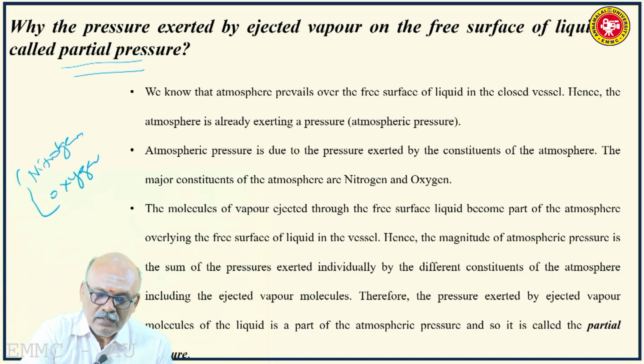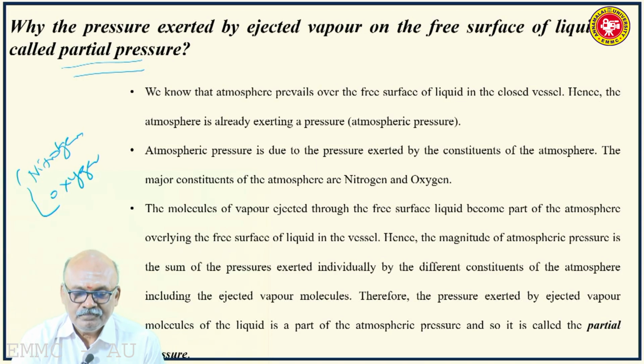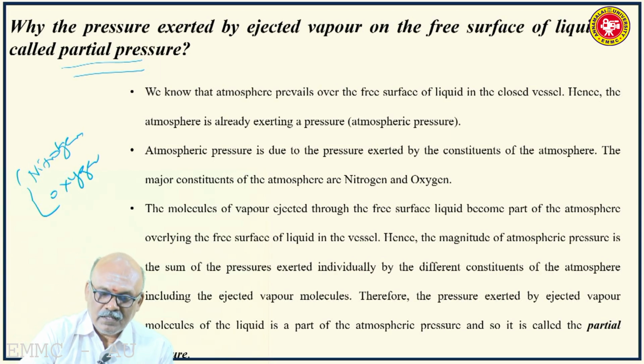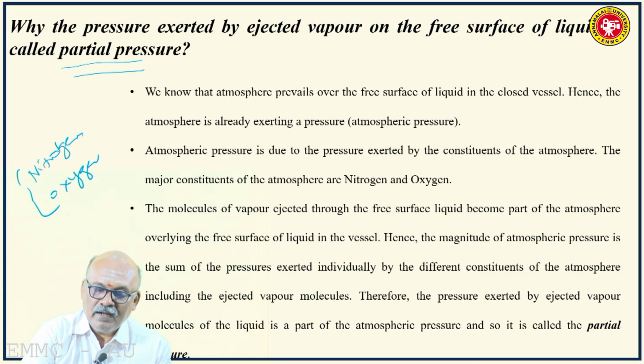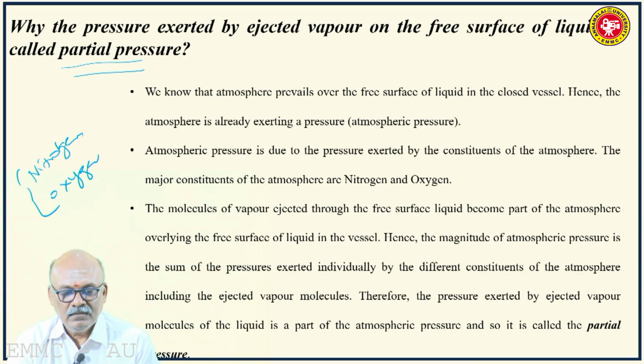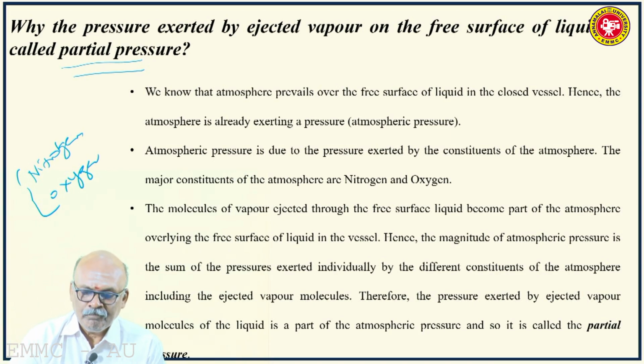Nitrogen will exert a pressure, oxygen will exert a pressure on the free surface, and the vapor molecules which eject through the free surface of liquid will also exert a pressure. So, atmospheric pressure is the sum of the pressures exerted by the various constituents of the atmosphere. The major constituents are nitrogen and oxygen, nitrogen more than 70%, oxygen more than 20%.